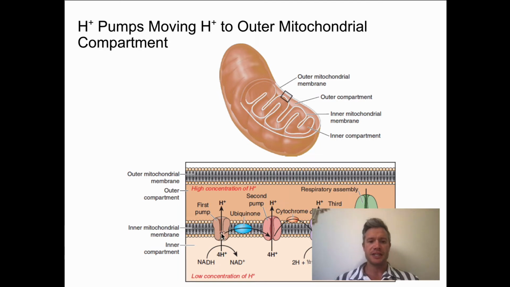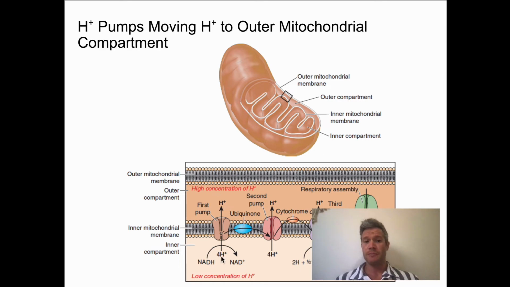And as you can see here, this is our electron that bounces across these cytochromes, right, to pass along. Every time that happens, that energy that gets released or utilized pumps hydrogen protons from the inner membrane to the outer membrane.